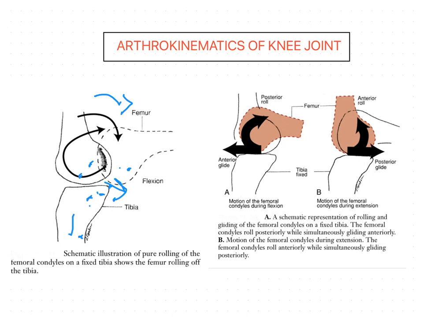So what happens after reaching this rolling? Normally, this rolling may last from 0 to 25 degrees. After that, the femoral condyles are going to glide anteriorly.